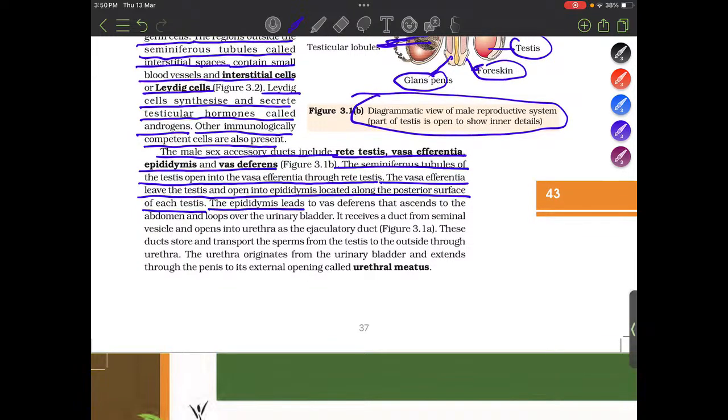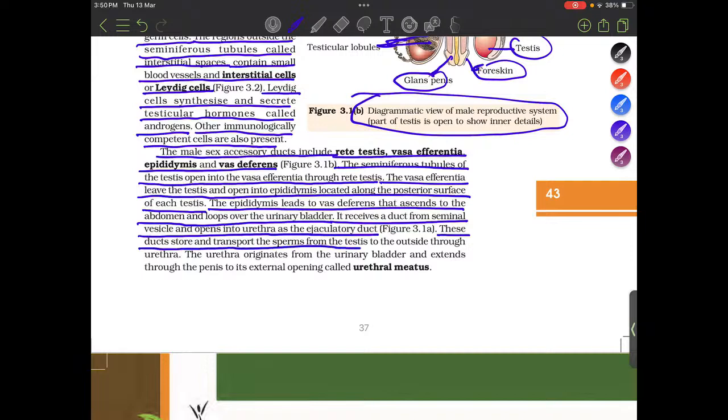The epididymis leads to vas deferens that ascends to the abdomen and loops over the urinary bladder. It receives a duct from seminal vesicle and opens into urethra as the ejaculatory duct. These ducts store and transport the sperm from the testes to outside through urethra. The urethra originates from urinary bladder and extends through the penis to its external opening called urethral meatus.